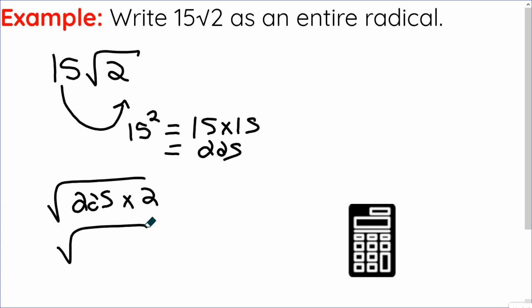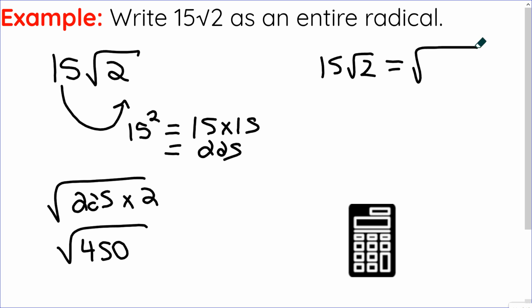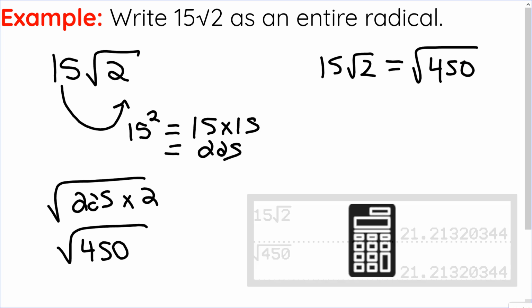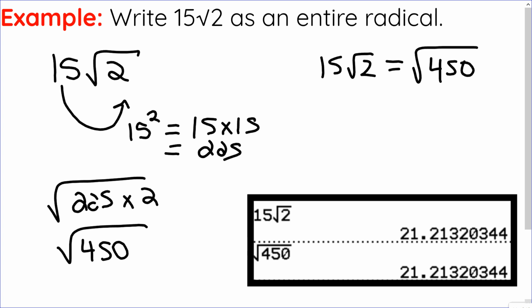So 225 times 2 is 450. So that means that 15 root 2 is the same as the entire radical square root of 450. Now I always like to check that on the calculator, and you can see even though they look different, they do have the same numeric value, so I know I did that correctly.